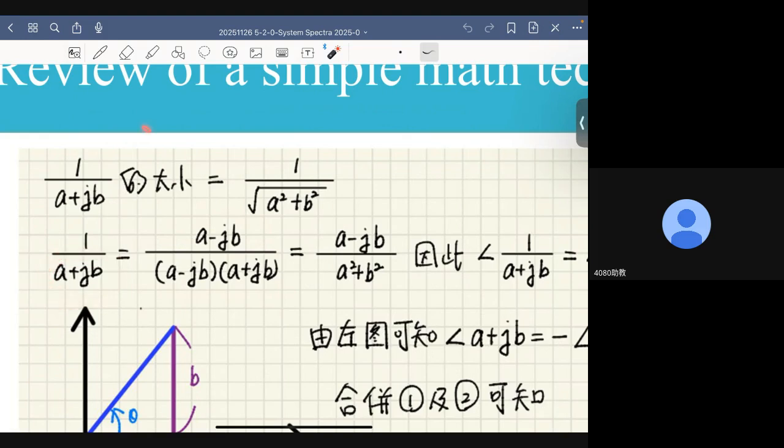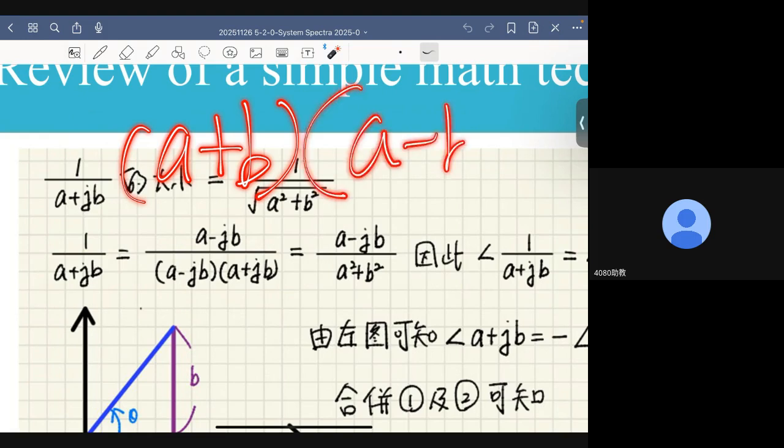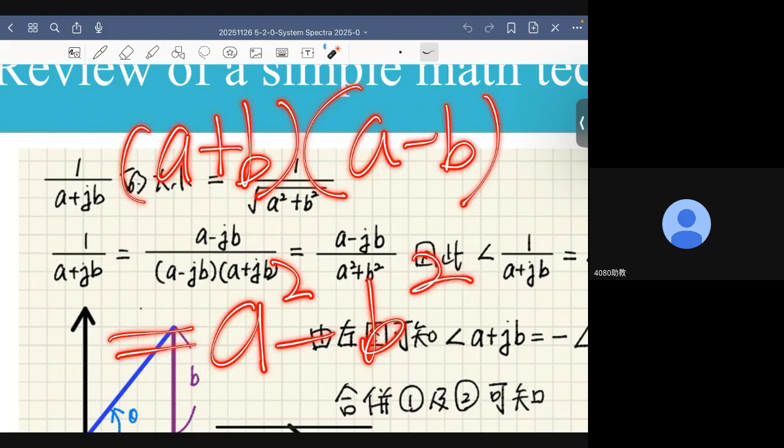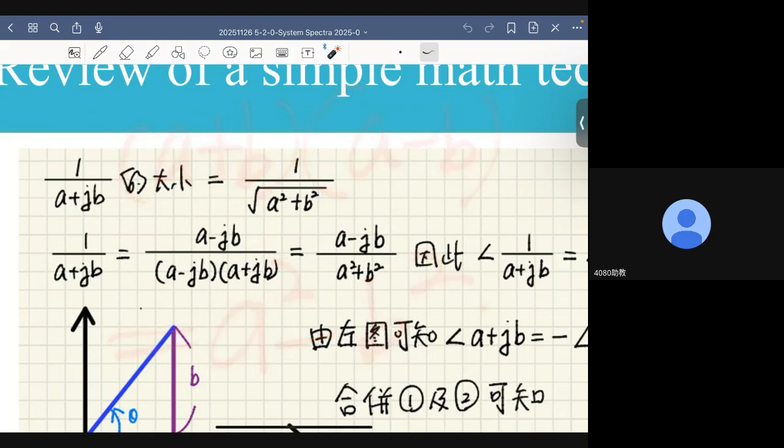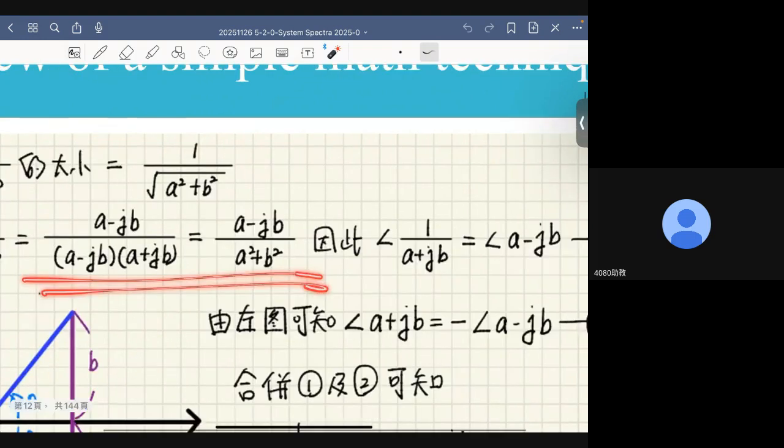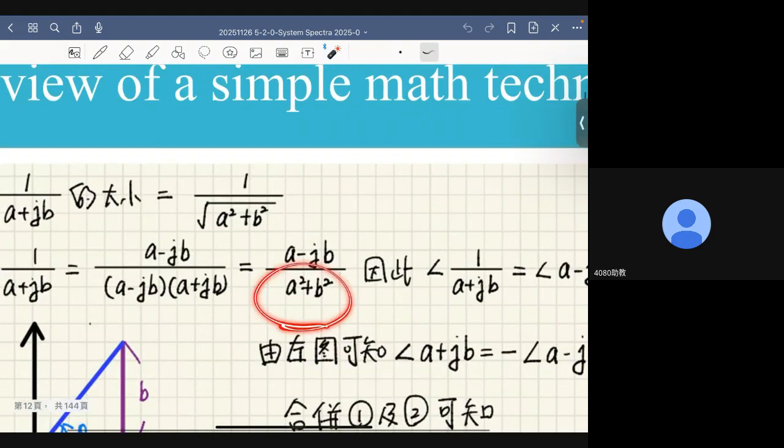And we all know that when you multiply a plus b with a minus b, what you will get is a squared minus b squared. Let's use that formula here, and this is what I will get.